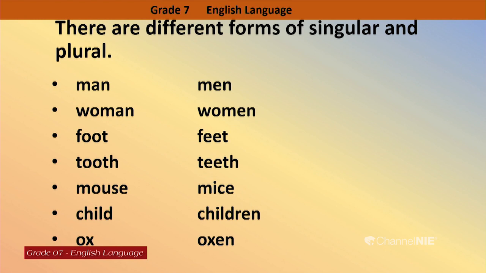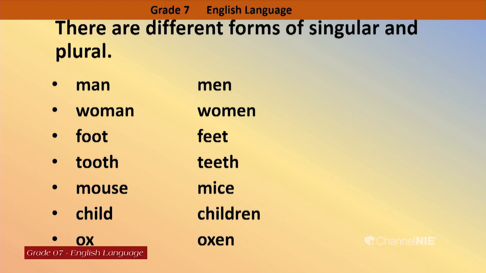Foot, F-O-O-T. It becomes feet in the plural form. Feet, you have 2 feet. F-E-E-T. Double O became double E. Tooth becomes teeth. You have 32, they say. Mouse becomes mice.